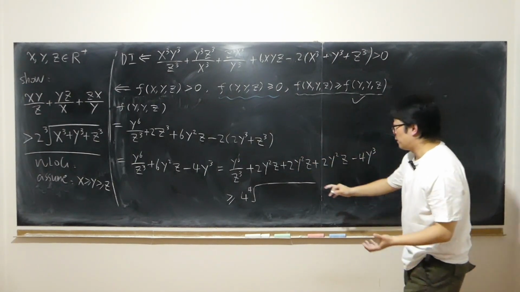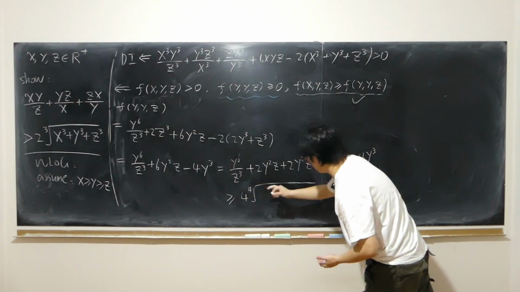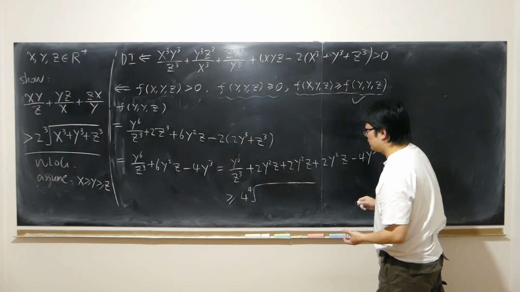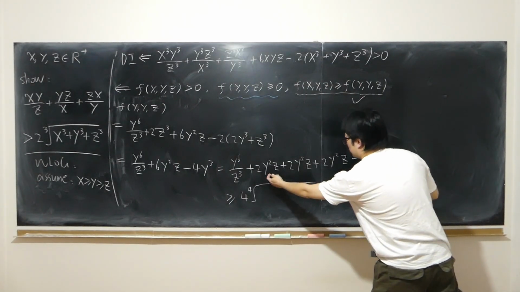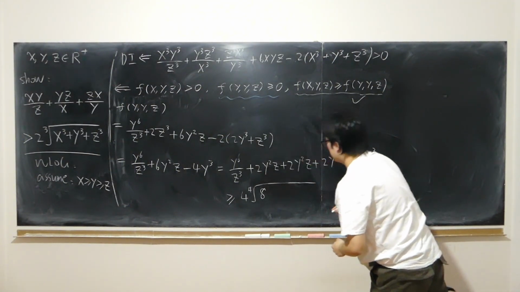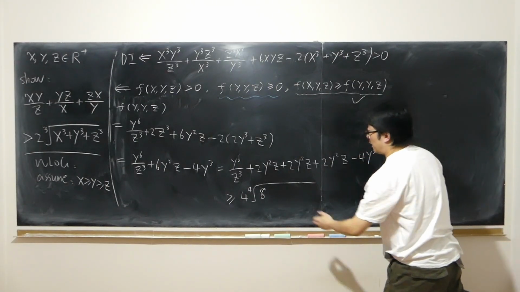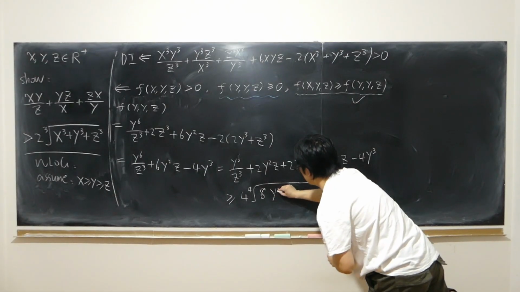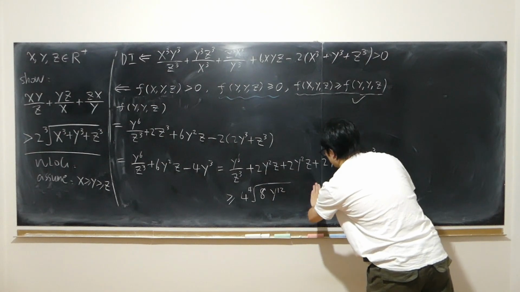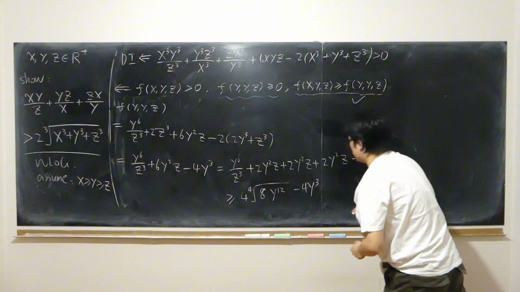This time when you multiply them together, you immediately see this z cubed can cancel with this z times z times z. They can cancel. You're left with 2 times 2 times 2, 8. Here you have y squared, y squared, y squared, y to the 6, times y to the 6, y to the 12. That's what you have here. Minus 4y cubed.